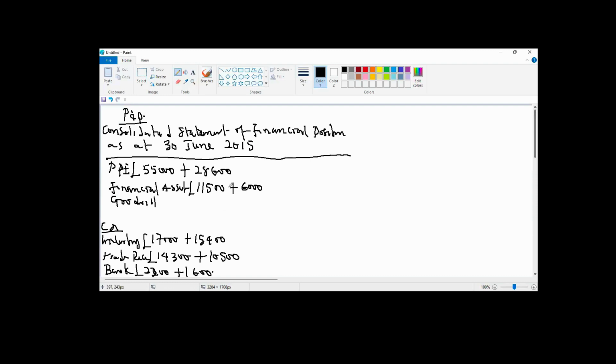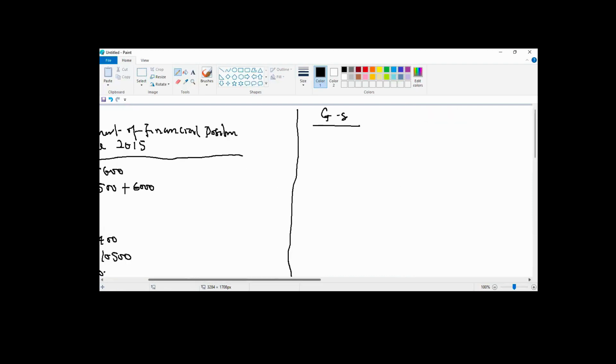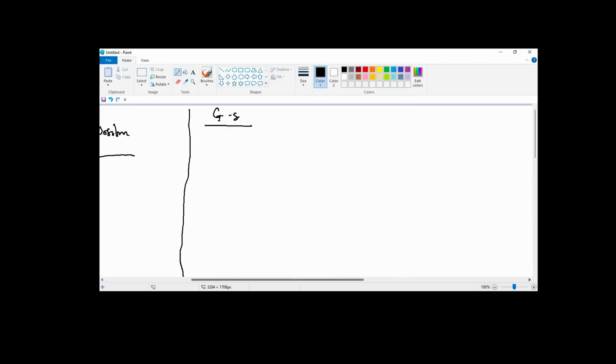First, we need the group structure. What do I need again? I need adjusted retained earnings of the subsidiary. Okay, let's see.